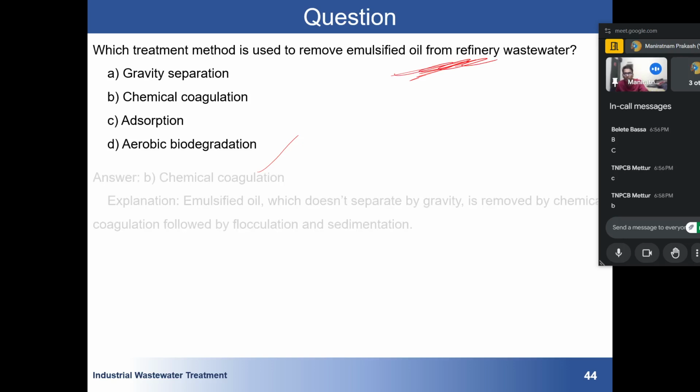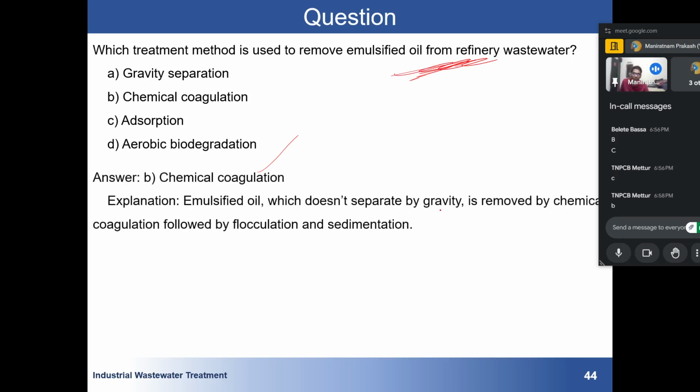Anyone? B. Chemical coagulation. Yes, emulsified oil, which does not separate by gravity, is removed by chemical coagulation, by flocculation and sedimentation. We know the process of sedimentation.